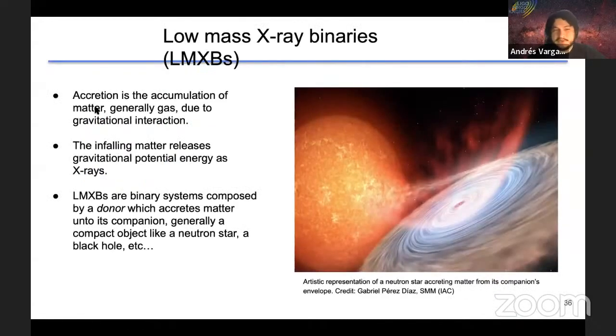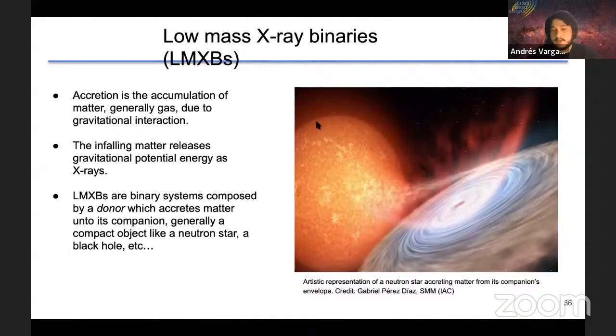To properly understand these targets, we first have to define what accretion is. This is the accumulation of matter, generally gas, due to gravitational interaction. And the infalling matter releases gravitational potential energy as X-rays. Low mass X-ray binaries are binary systems composed of a donor which accretes matter onto its companion, that is a compact object, such as a neutron star, a black hole, or similar.